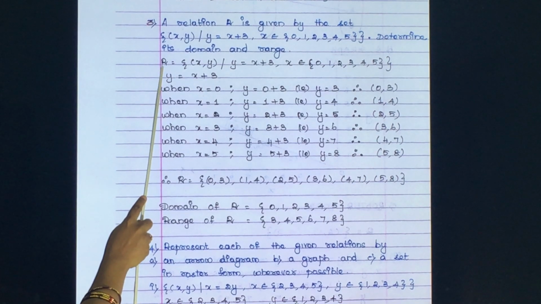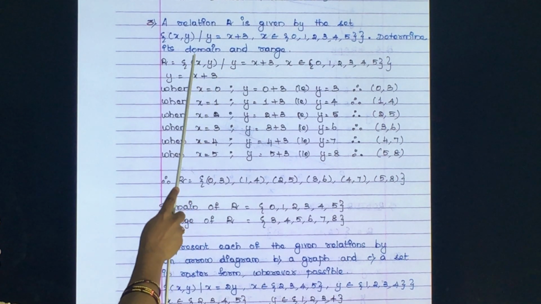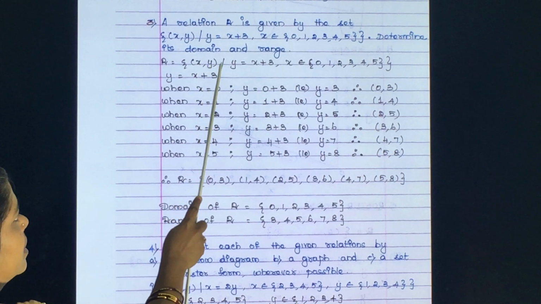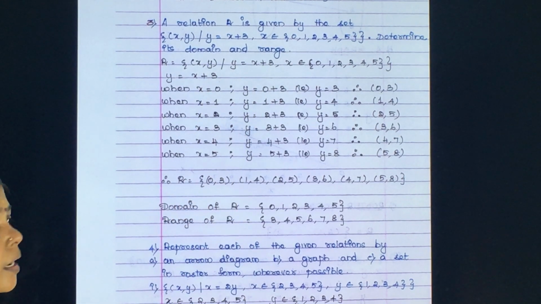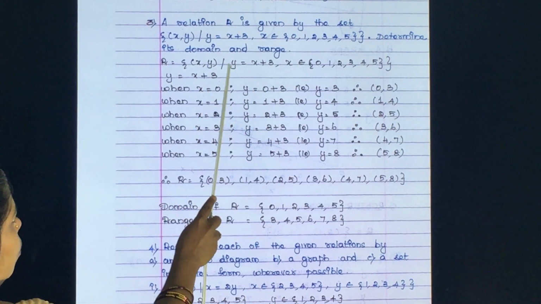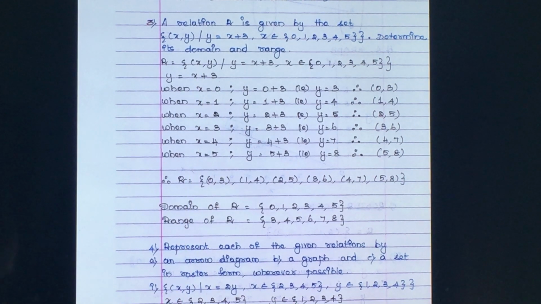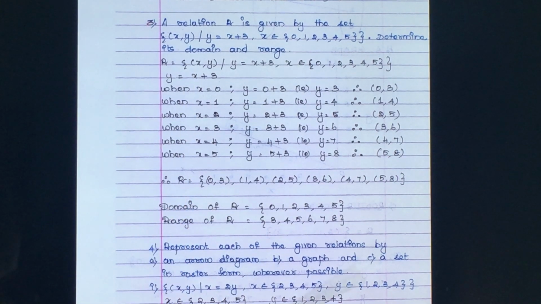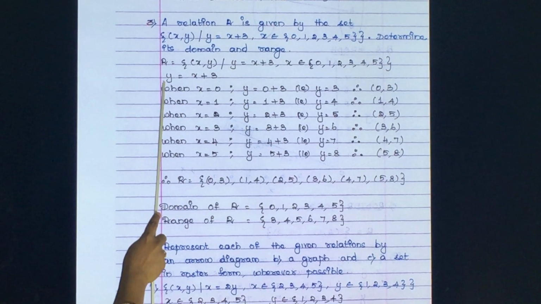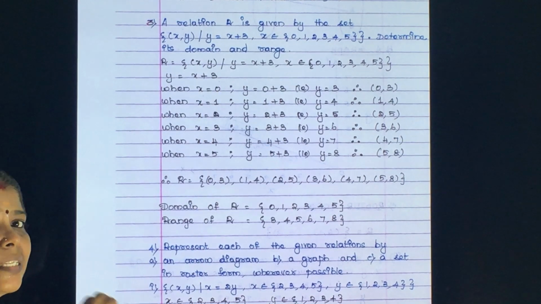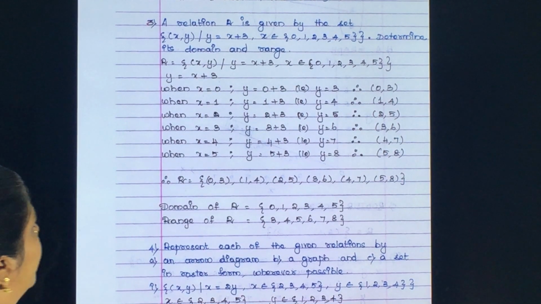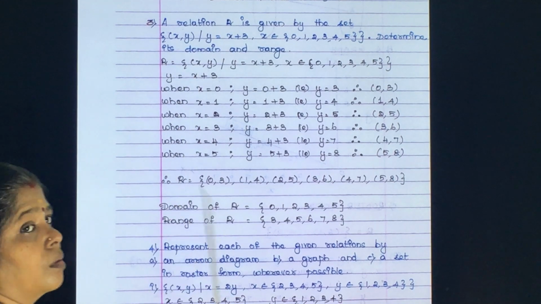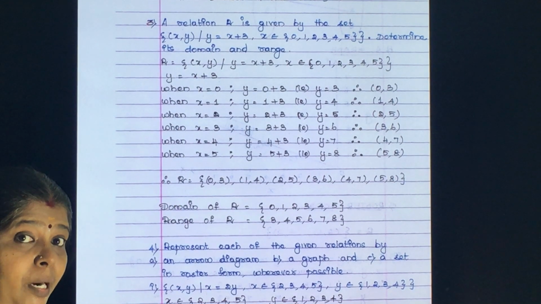First you write the relation R. What is given? Set of all ordered pairs x, y such that y is equal to x plus 3, isn't it? Because that is the rule given here. Now we have to substitute values for x.